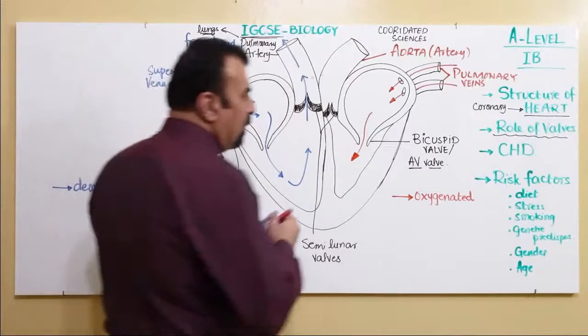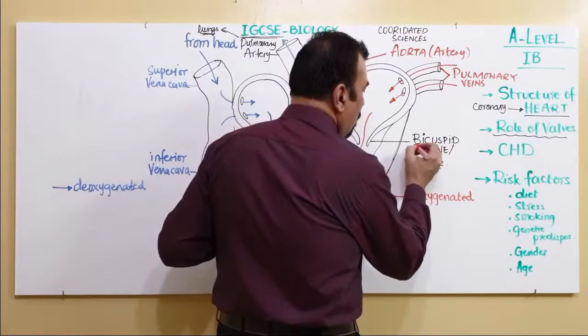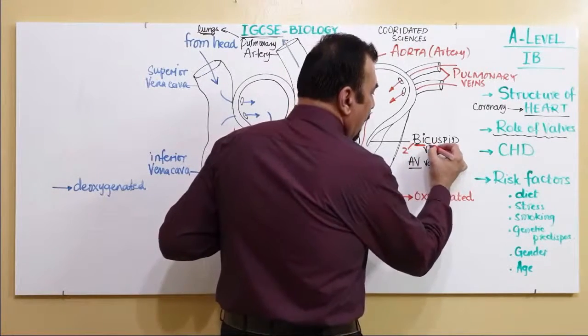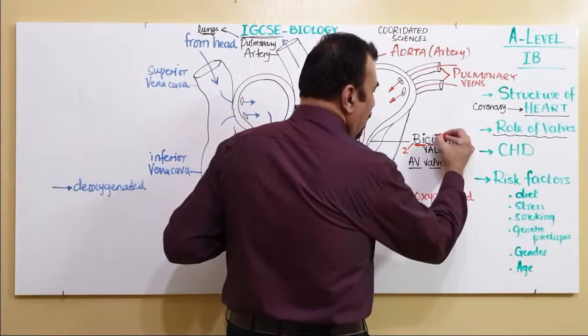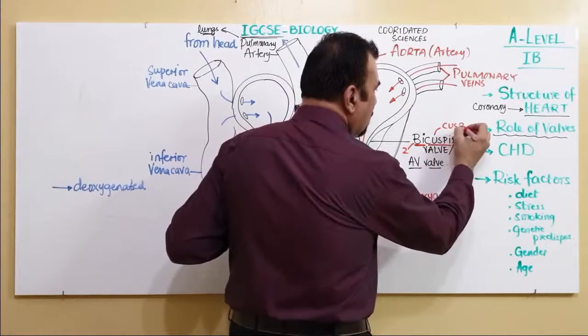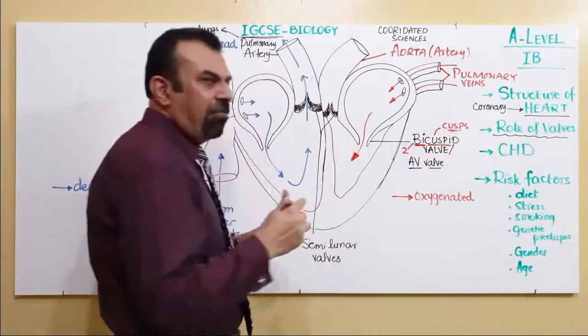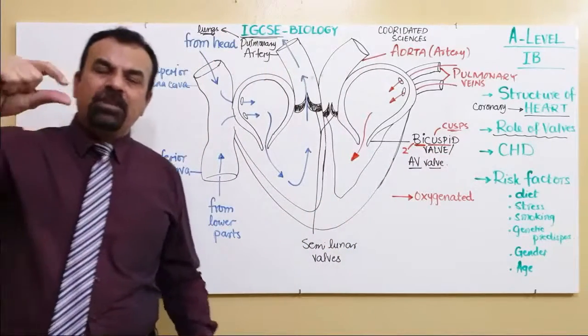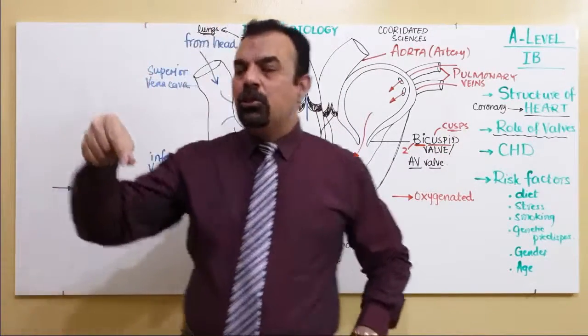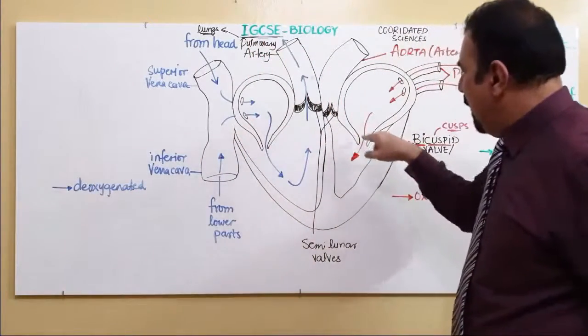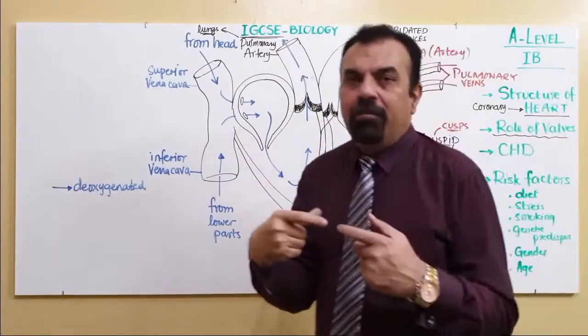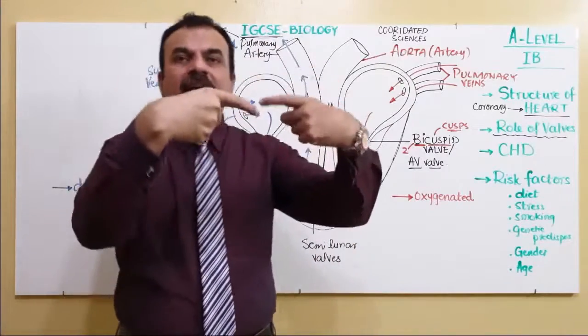And cuspid comes from cusps. What is a cusp? Cusp means flaps. There are two flaps which make the valve between the left atrium and left ventricle.